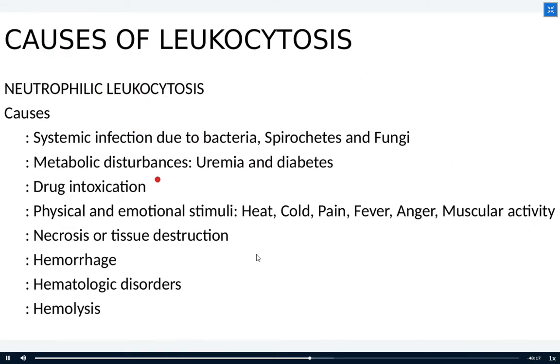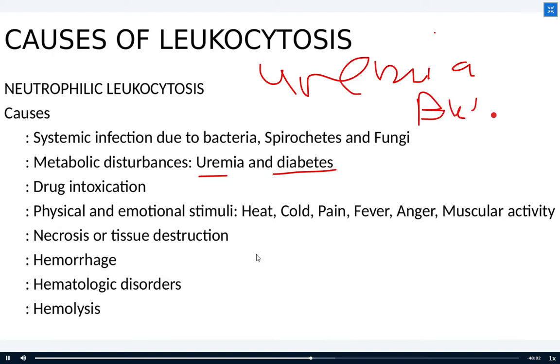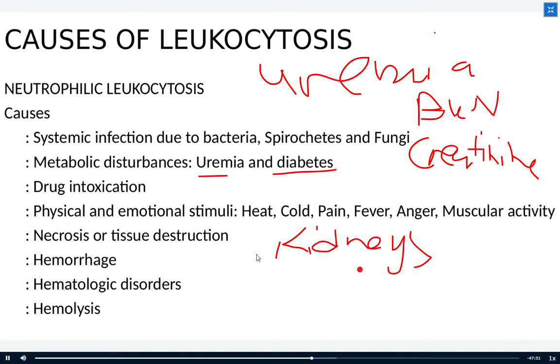Okay, another one would be your metabolic disturbances such as uremia and diabetes. Class, when you talk about uremia, this usually involves your BUN and your creatinine. Now, normally they are filtered sa kidneys nyo. But in uremia, they are no longer filtered.